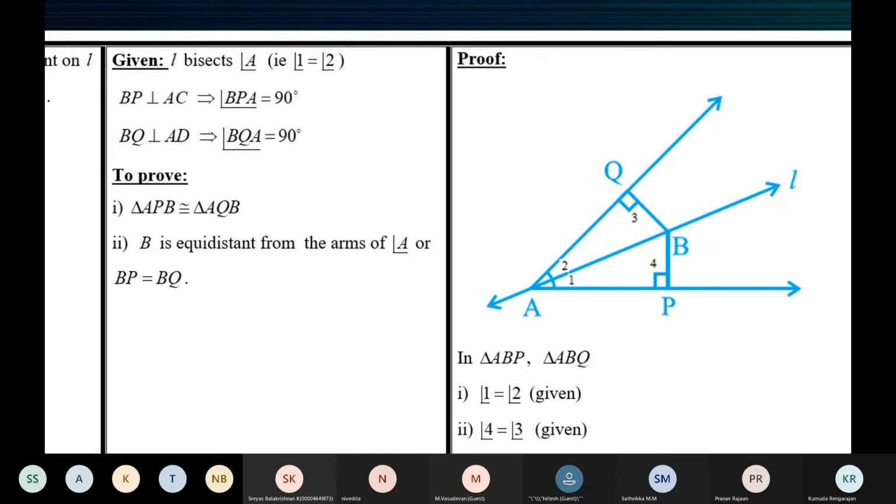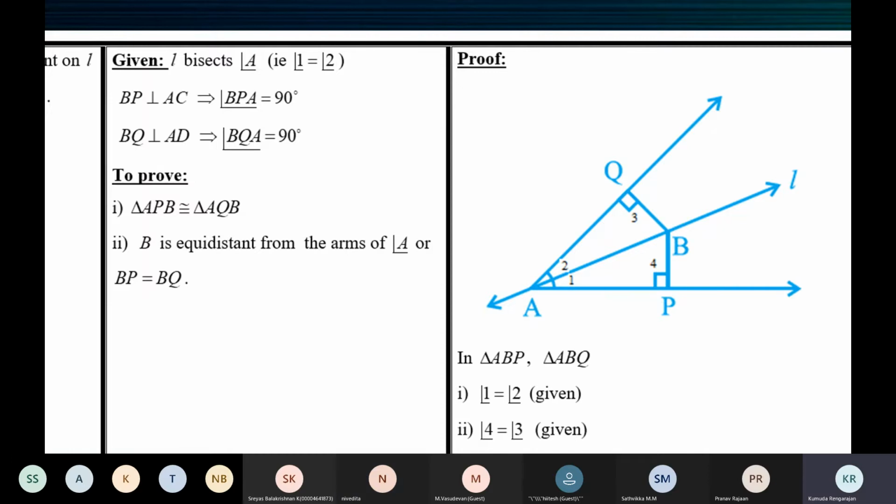Ma'am, angle QAP, ma'am. Or angle PAQ, ma'am. PAQ or QAP. Yeah, very good.